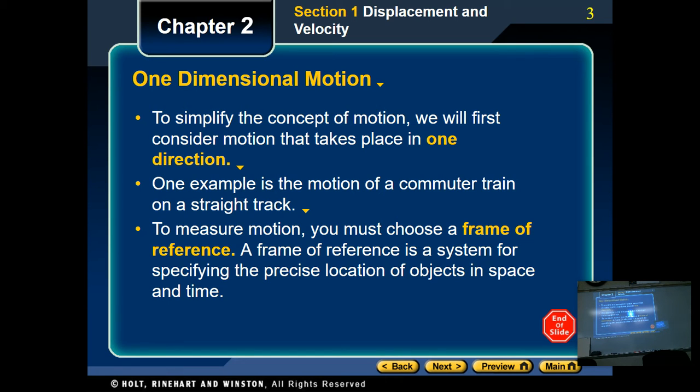When you say latitude and longitude, what do you mean by that when you talk about frame of reference? Okay. So you're talking about the coordinate systems and directions.